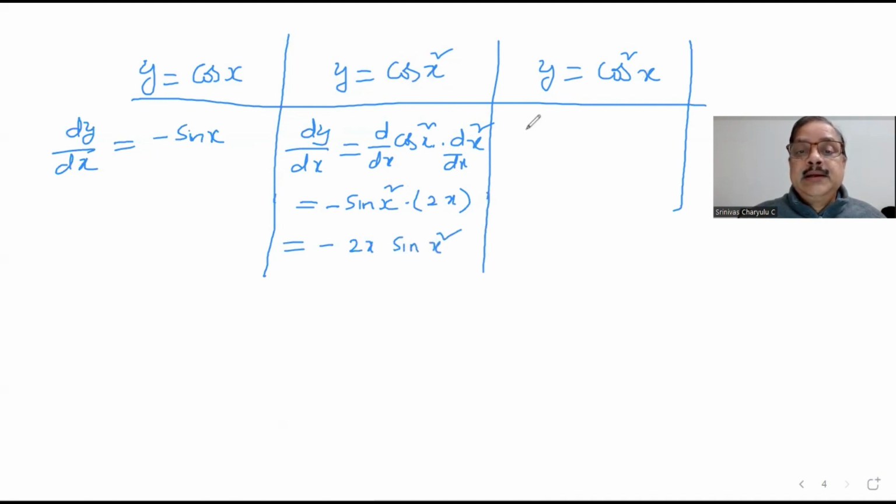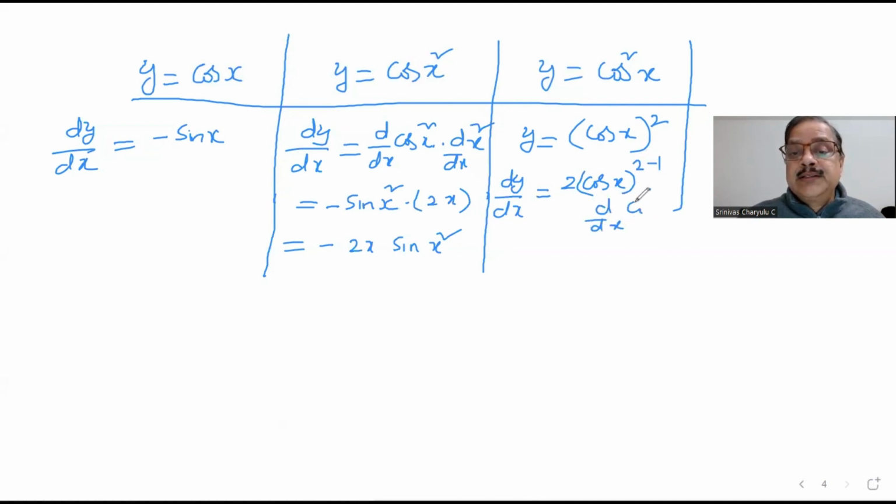In the third case, y is equal to cos square x. You have to write this as cos x whole square. There is a difference between cos x square and cos square x. Whenever you find the power 2 on the trigonometric operator, as in cos square, we write it as cos x whole square. Then for dy by dx, we use the power rule: 2 into cos x whole to the power of 2 minus 1 into d by dx of cos x.